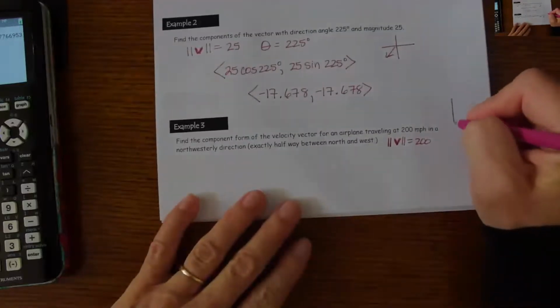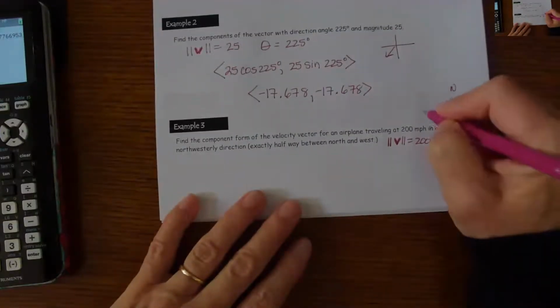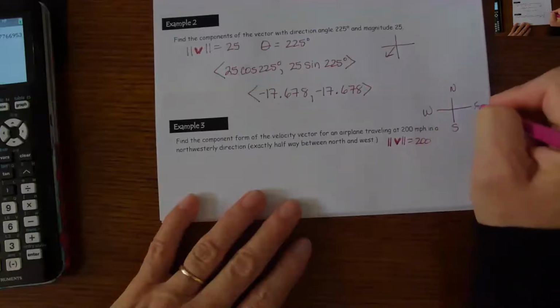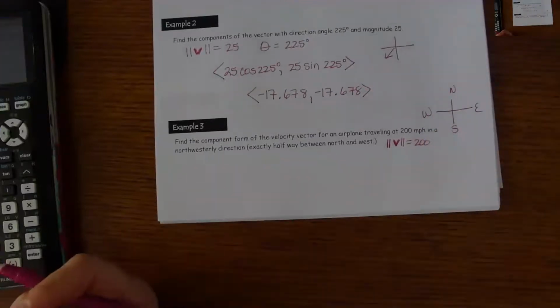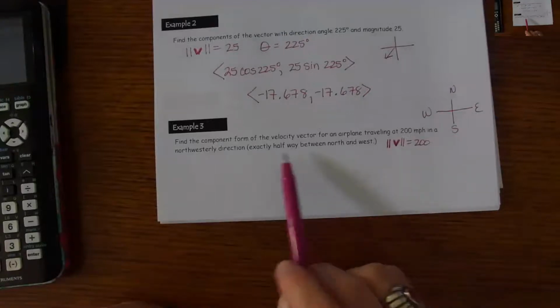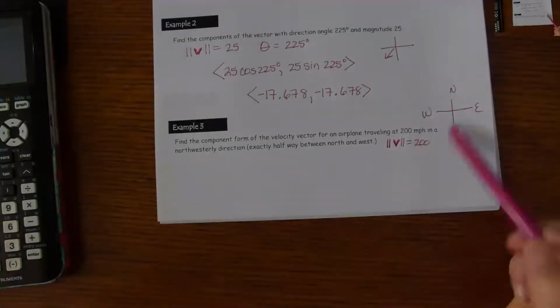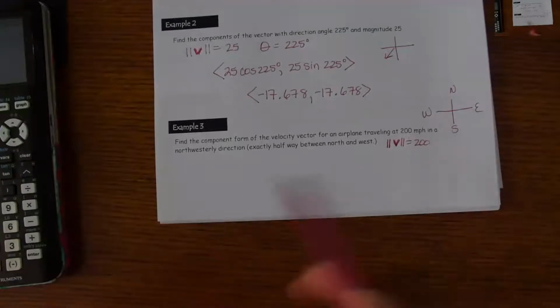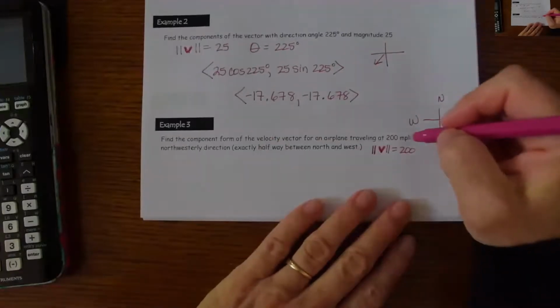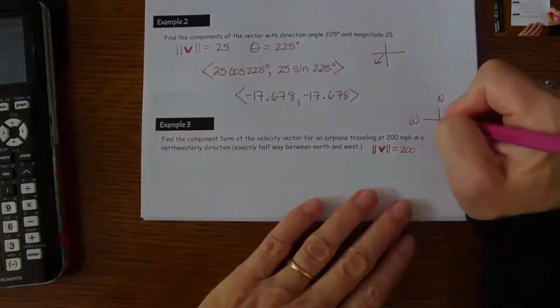So let's remember north, west, south, and east, right? They're expecting us to know that. And it says exactly halfway. If you see northwest or southeast or whatever, and they don't give you any numbers, that means halfway. It's at 45. Okay. So where is northwest?